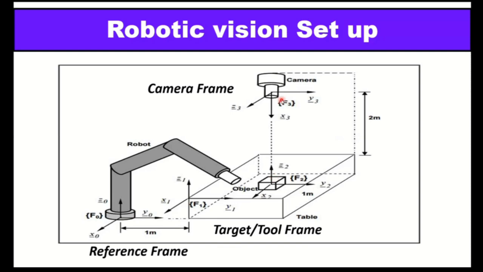This camera frame is always mapped to the object. Now the robot has to move with respect to the reference frame, its tool frame to the object, and your tool frame must be mapped with the object, and at the same time the camera frame must be mapped to that.